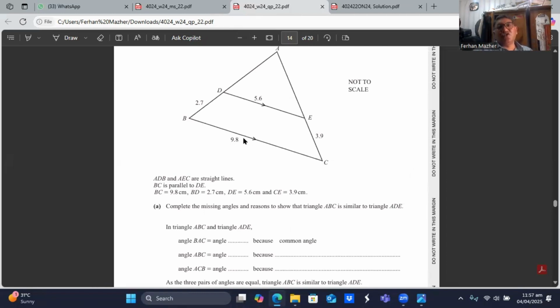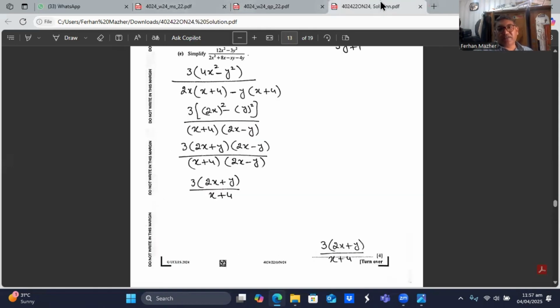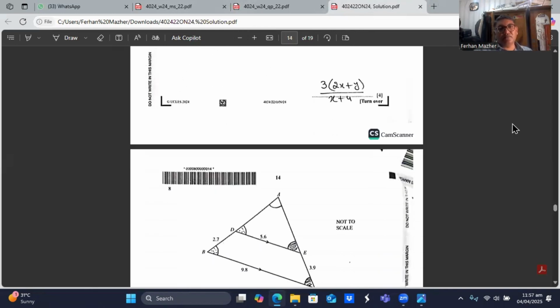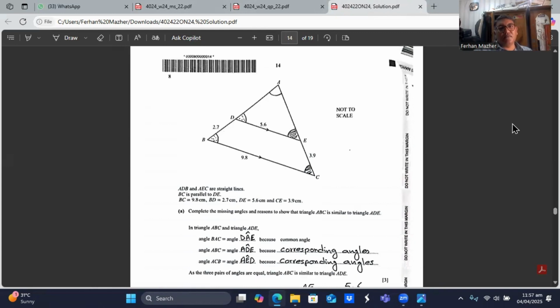Okay, so this is basically how you will fill this. So let me show you the solution. I have done this. Okay, so we complete the missing angles and reasons to show the triangle ABC is similar to the triangle ADE.